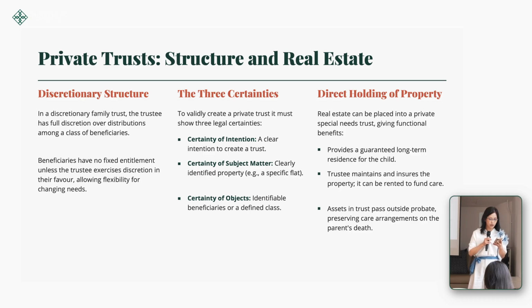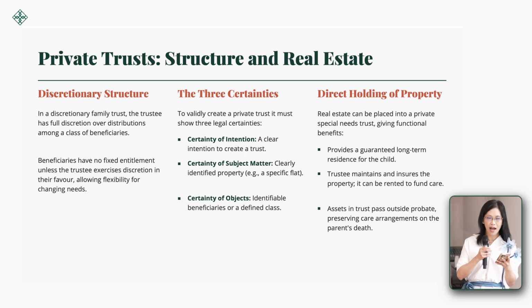They're only entitled to receive distributions if and when the trustee, exercising its discretion, decides in their favor. This may sound restrictive, but it is precisely the flexibility that allows the trust to respond to a beneficiary's changing medical care and housing needs over time.